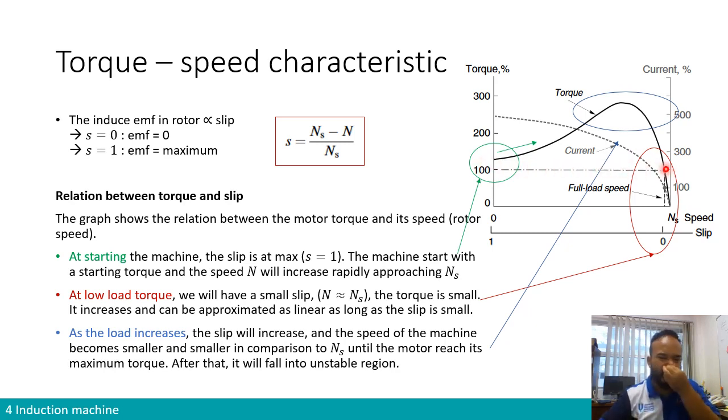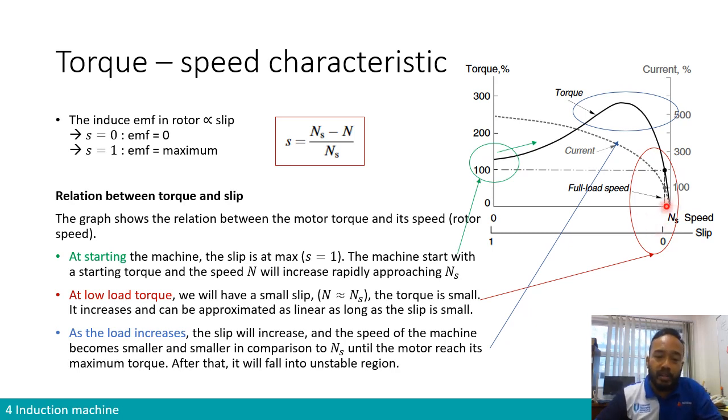And then it will stop there. This is the point of what we call normal torque or low load torque. So what do we mean by low? Low means it's not attaining the maximum torque yet. So at low load torque, we have a pretty small slip. As you can see, the slip over here is very close to zero, but of course not zero, because the speed is not synchronous speed.